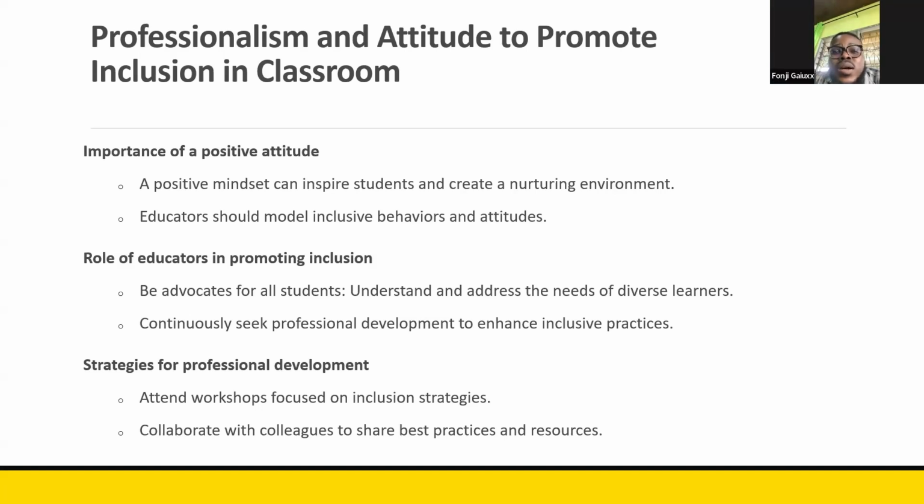I try to encourage collaborative learning experiences such that my students can work together in different groups and respect one another's perspective, so that everybody feels valuable in class and nobody feels left out. Wonderful. Excellent. Thank you very much.